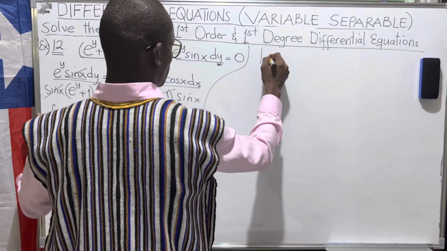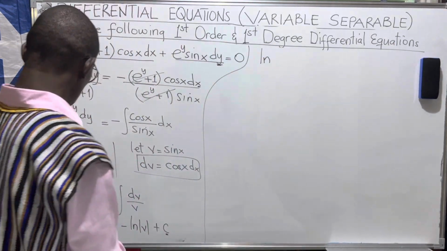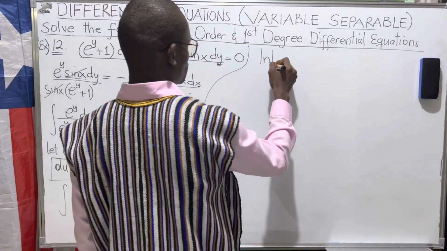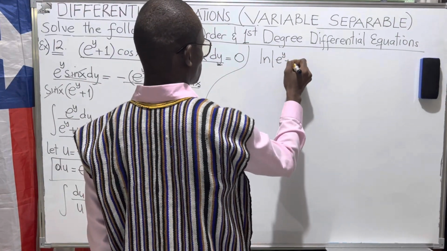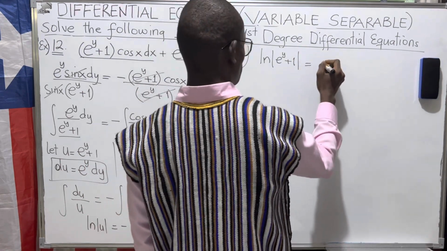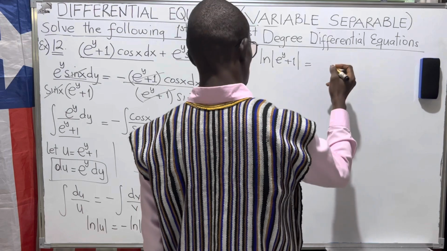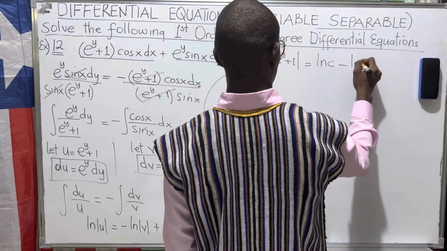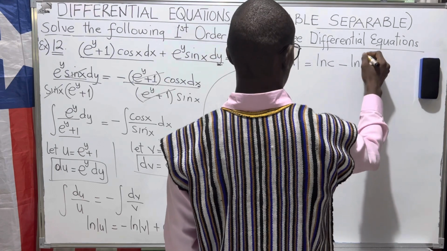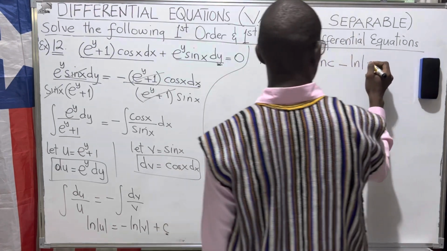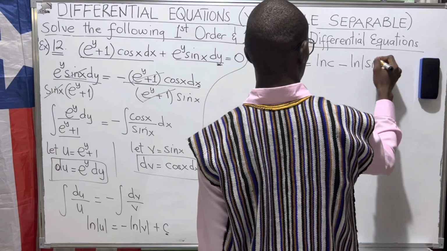So we have the ln of u now. u is e raised to the power y plus 1, so it's e raised to the power y plus 1 equals, we can take ln of c first minus ln of v. Now this v is sine of x.